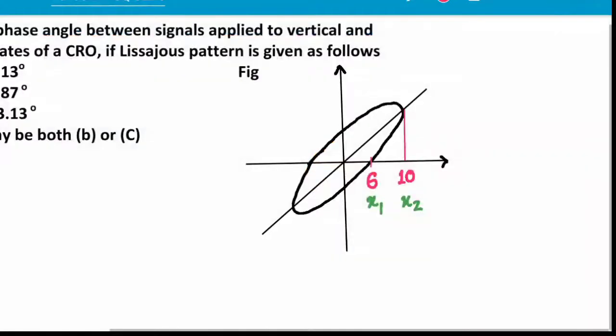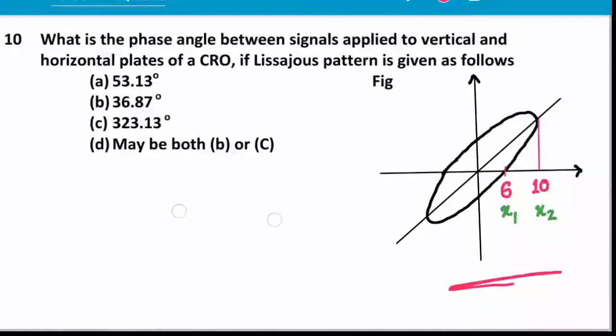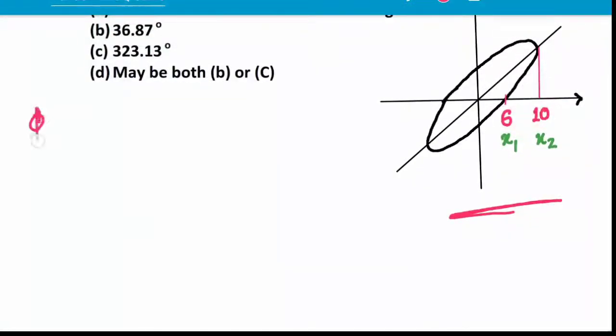Next, question number 10. What is the phase angle between signals applied to the vertical and horizontal plates of a CRO if the Lissajous pattern is given as follows? Here is the Lissajous pattern given, and here are the phase angle options. For this type of question, the phase angle difference phi is given as sine inverse of x1 by x2.